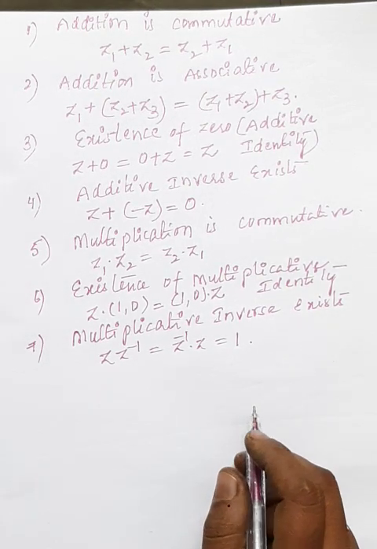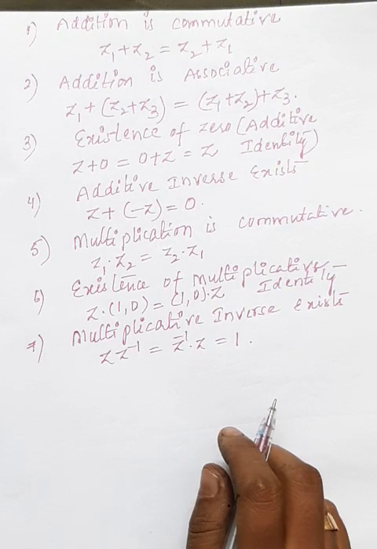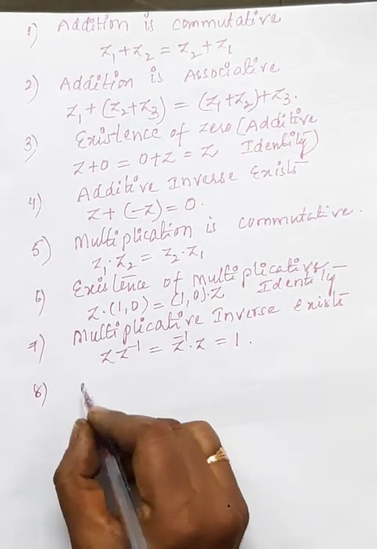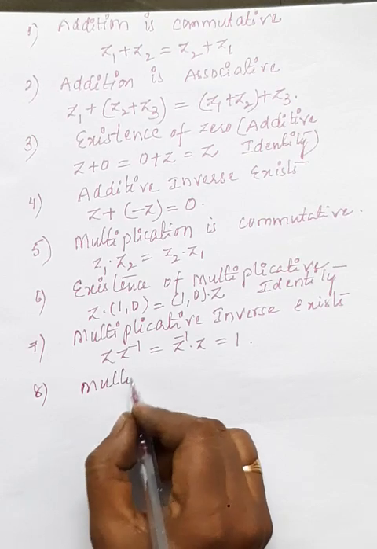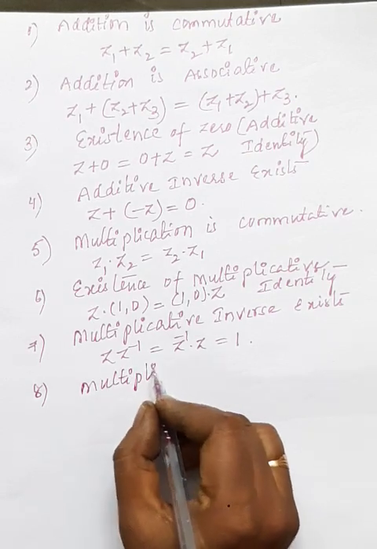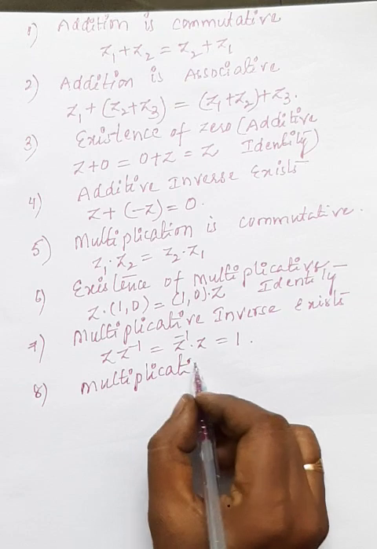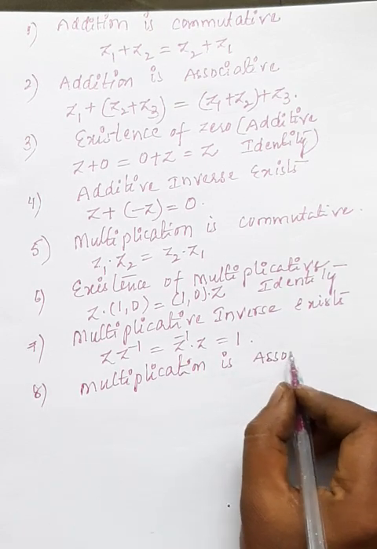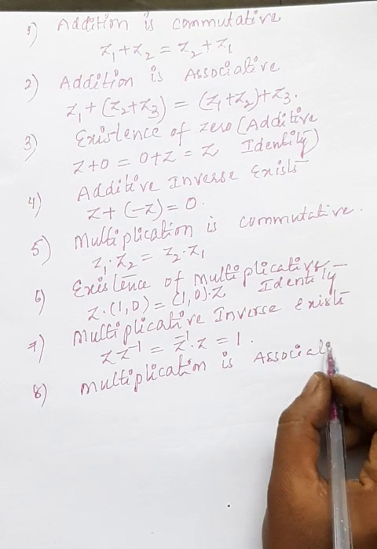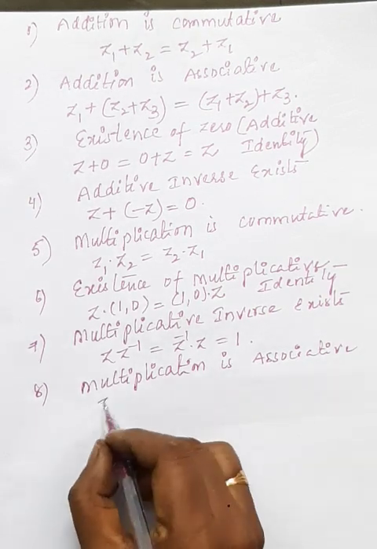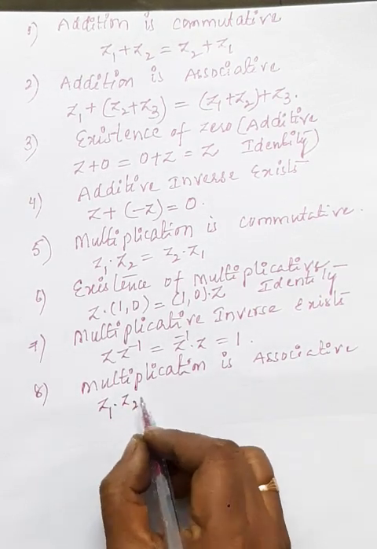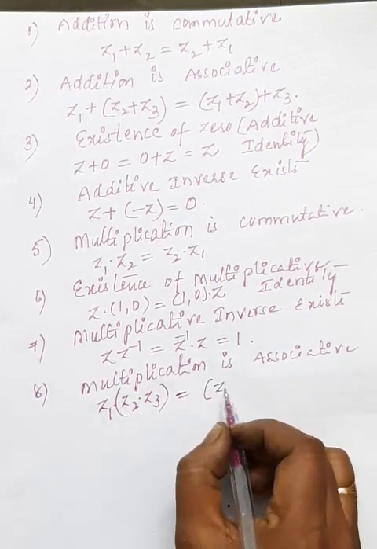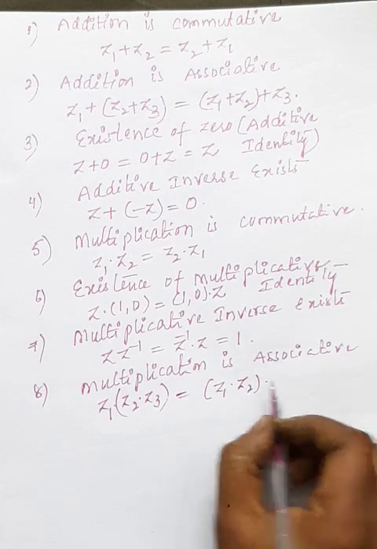So these are the 7 properties, and the last one is that multiplication is associative. That is, z1 into z2 into z3 is equal to z1 into z2 into z3.